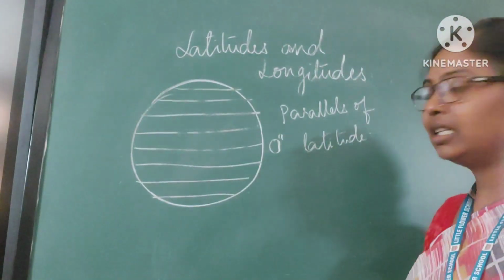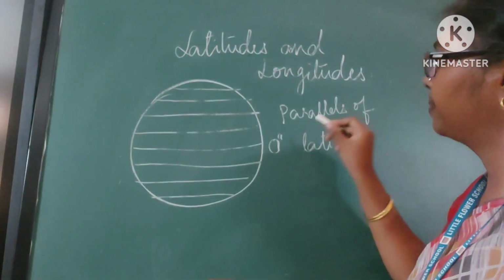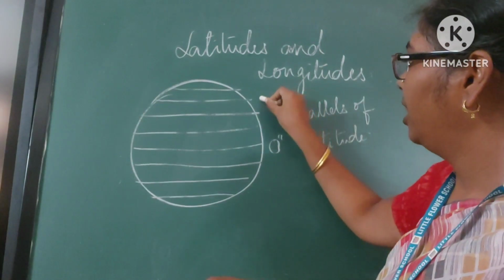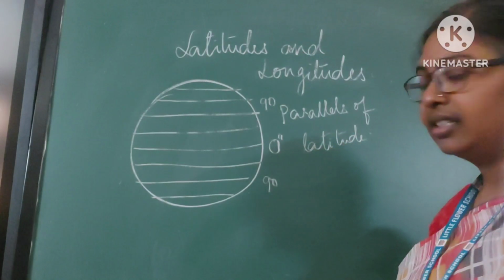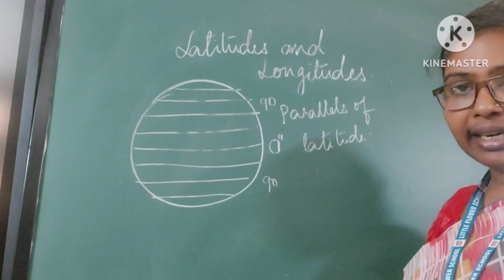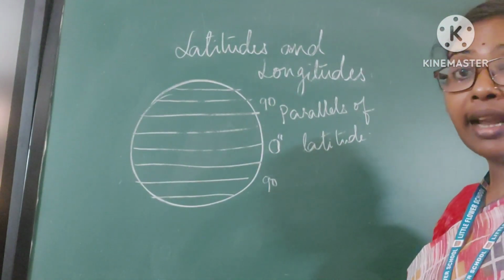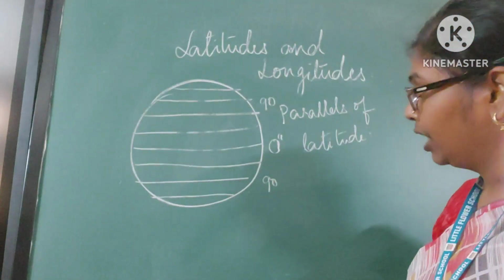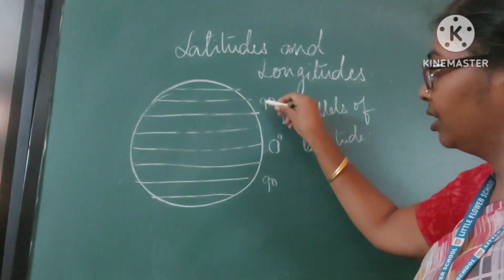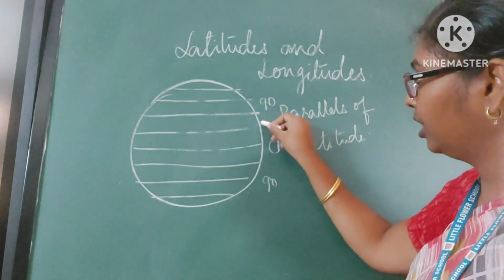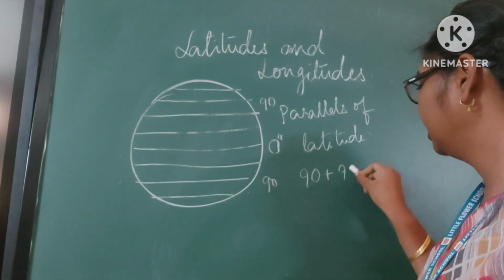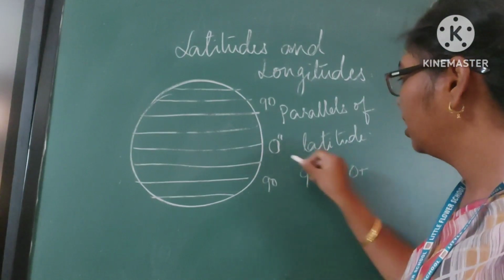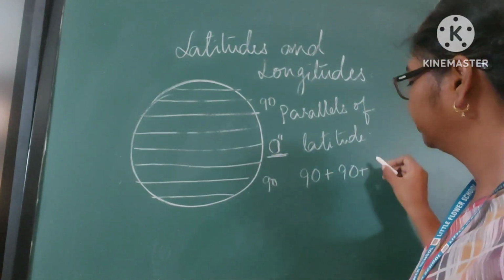And these parallels of latitude are 90 in the north and 90 in the south. So, total parallels of latitude are 90 plus 90 plus 1 equator.